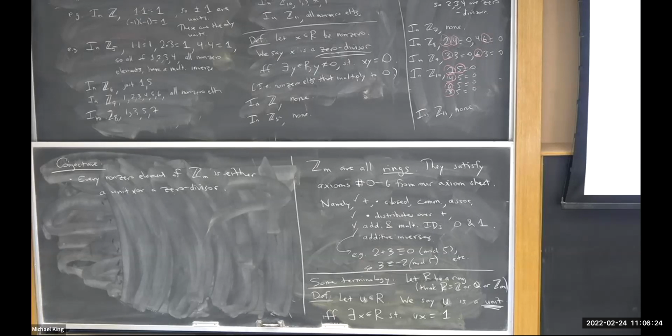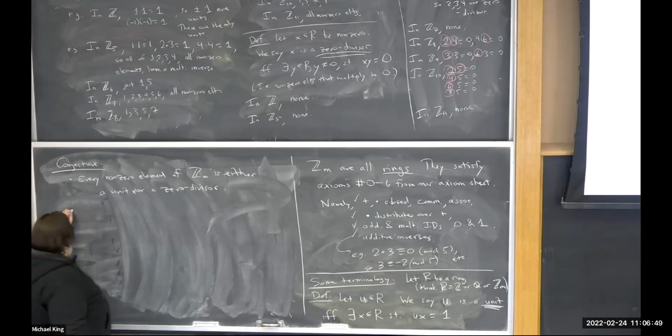It has to do with sharing a common factor, right? Like in mod 10, 2, 4, 5, 6, and 8 all share common factors with 10. And in mod 7, nothing shares a common factor with 7, so everything's a unit, nothing's a zero divisor.